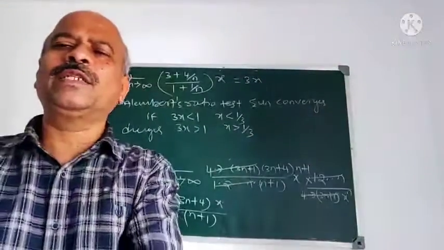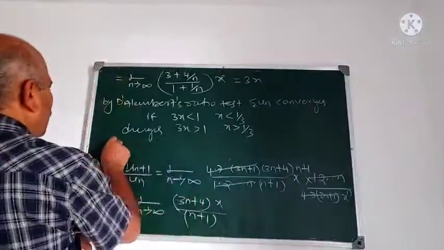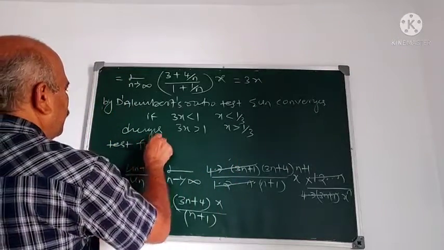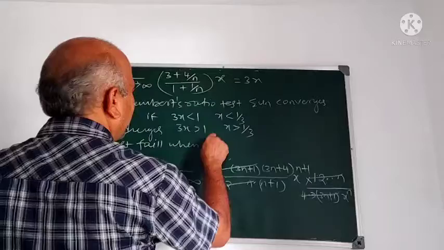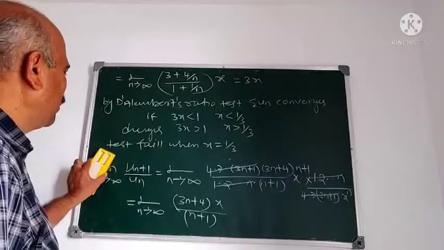And the test fails when 3x is equal to 1, that is when x is equal to 1 by 3.